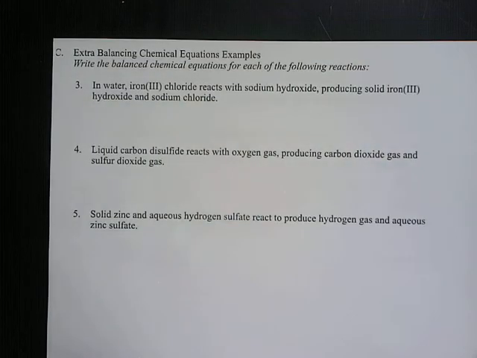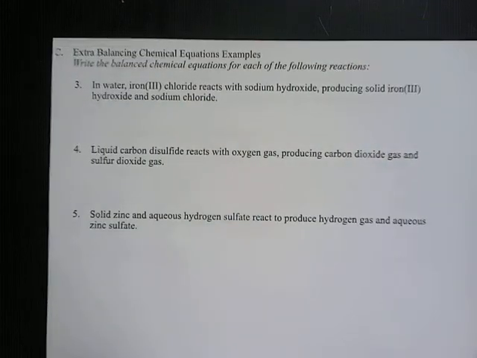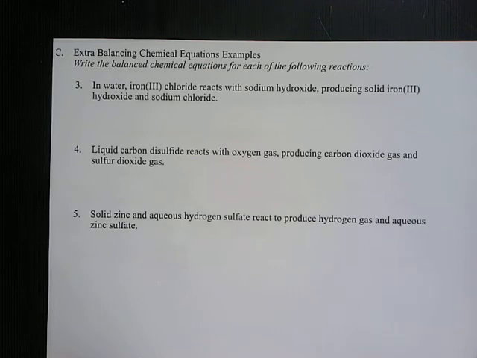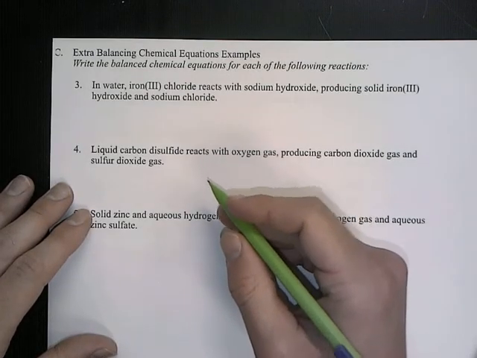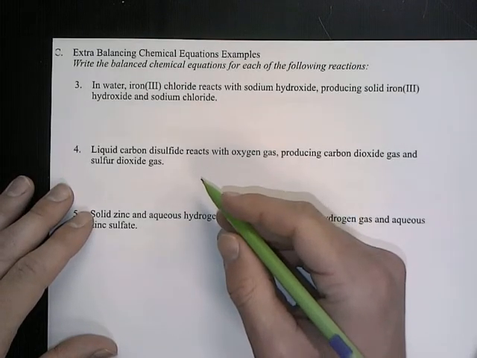So let's go ahead and do this. We're going to take some time here and we're going to write these equations and we're going to balance them. So we start out here and it says in water, iron 3 chloride reacts with sodium hydroxide, producing solid iron 3 hydroxide and sodium chloride. So we got a lot going on here. We start out with iron 3 chloride.